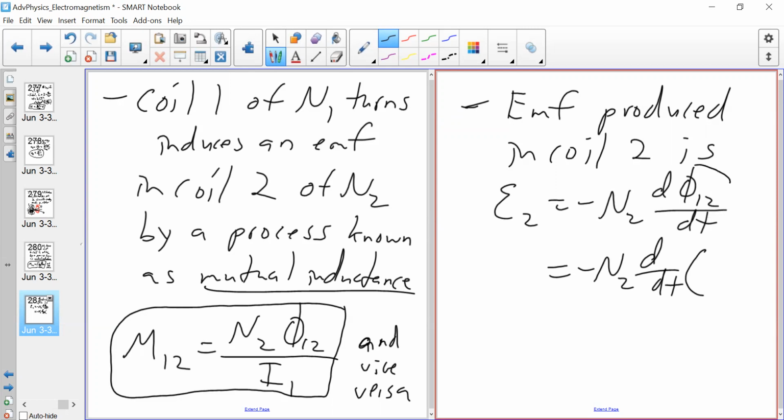Right. Because we solve for phi 1,2. This is going to be M12 I1 over N2.